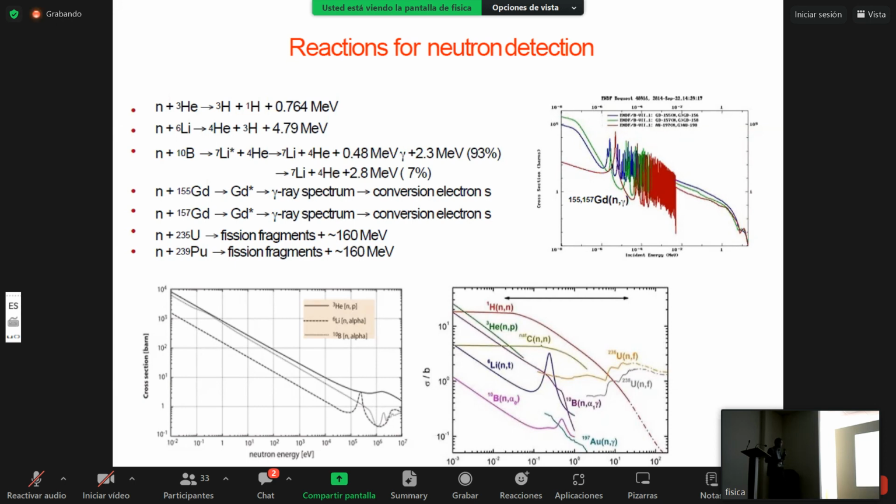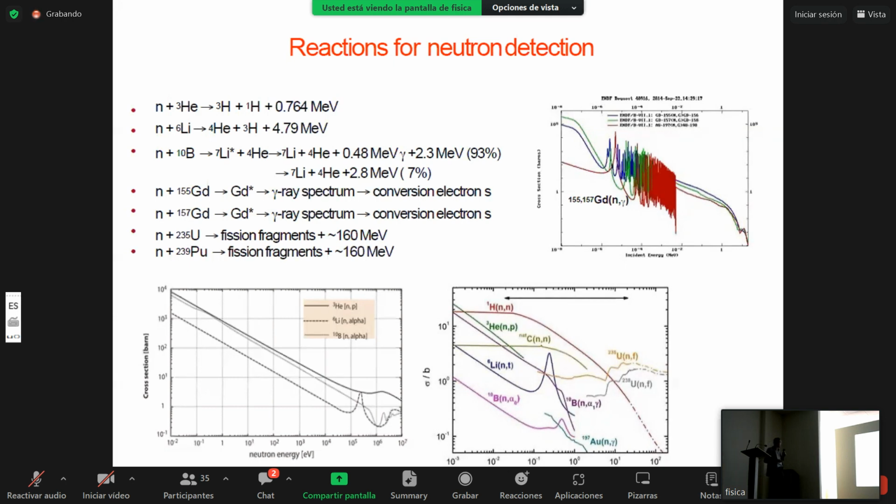Neutron plus boron. Boron also absorbs neutrons very well, and you have lithium and helium particles. This reaction can also lead to the excited state of lithium, in about 7% of these reactions. One more reaction, gadolinium.